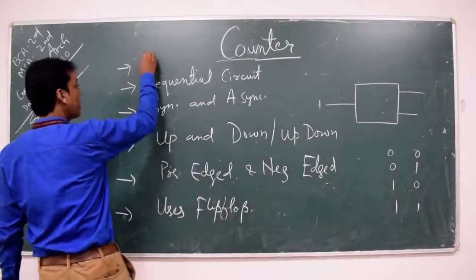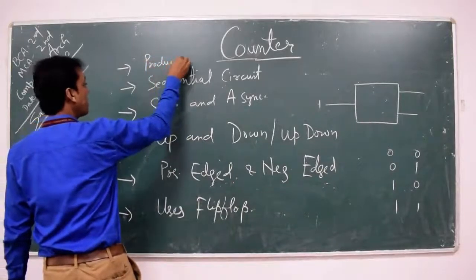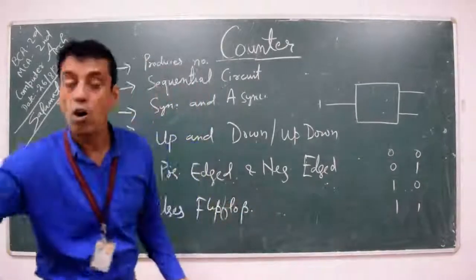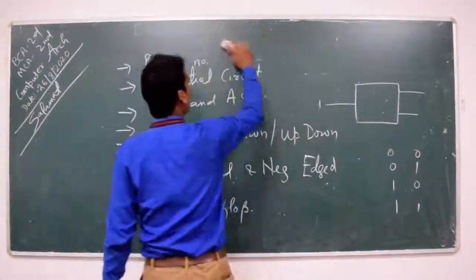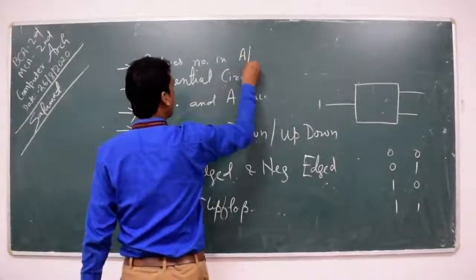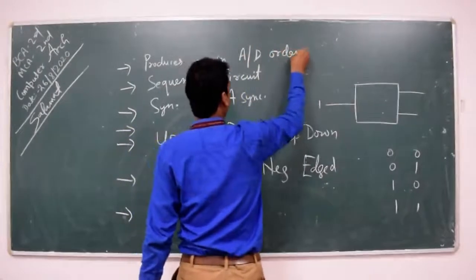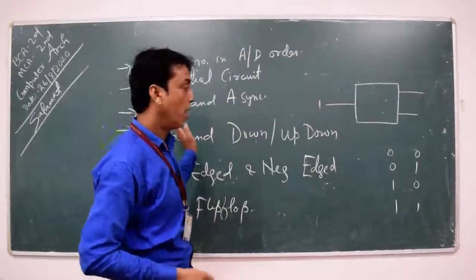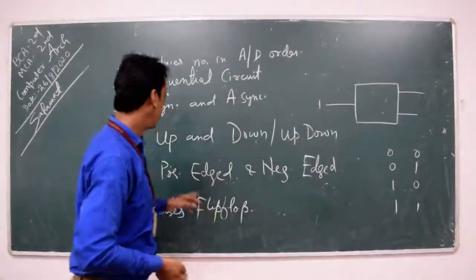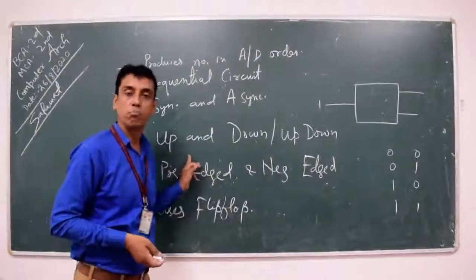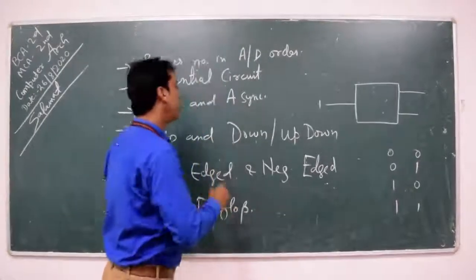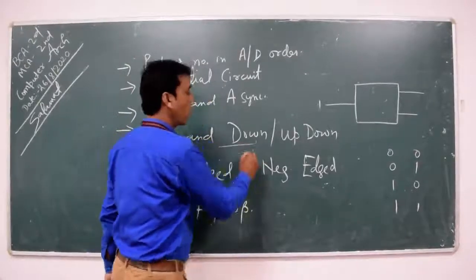It produces numbers in ascending or descending order. If the counter is producing numbers in ascending order, then it is known as up counter. And if the counter is producing numbers in descending order, then it is known as down counter.